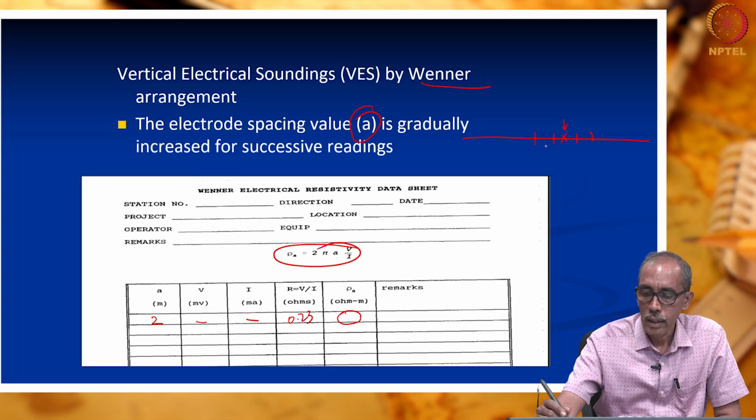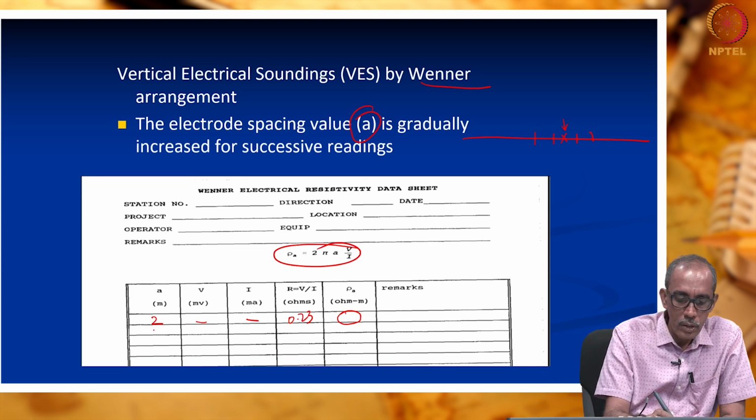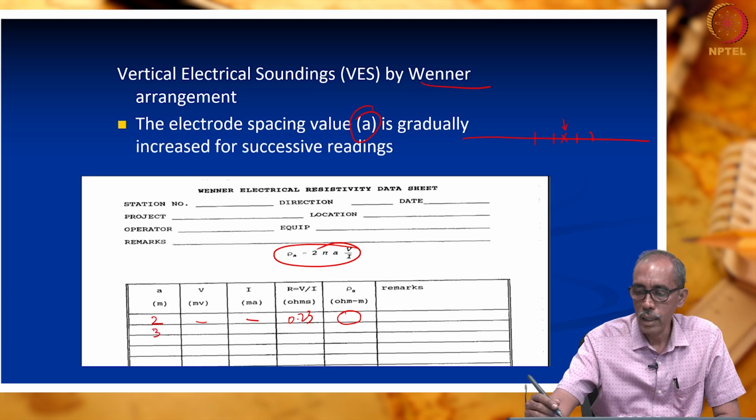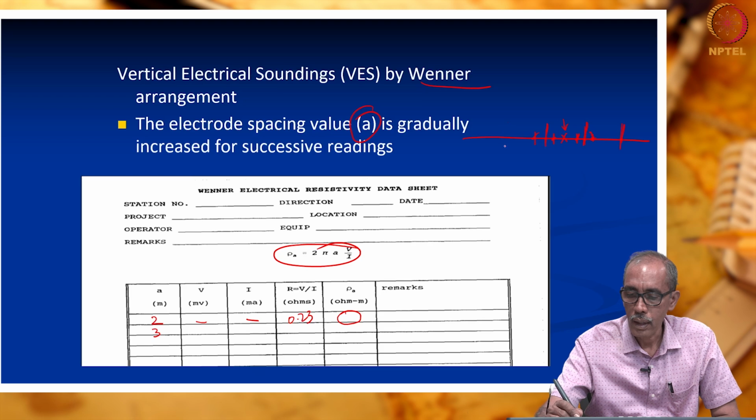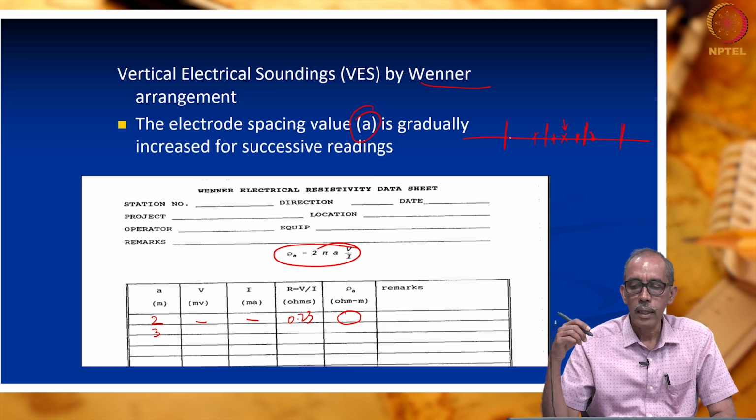Now, I decided to do for 3 meters, which means I am going to increase the electrode spacing. I am removing this as well as this. I am going to keep it at this distance. This is my new location. They are now at 3 meters.